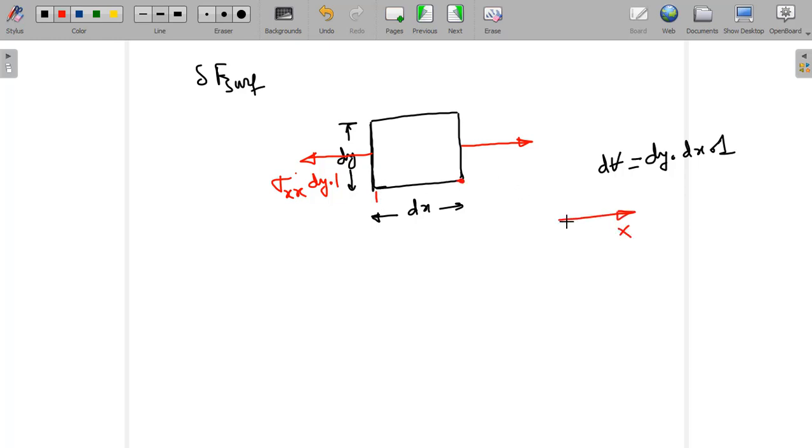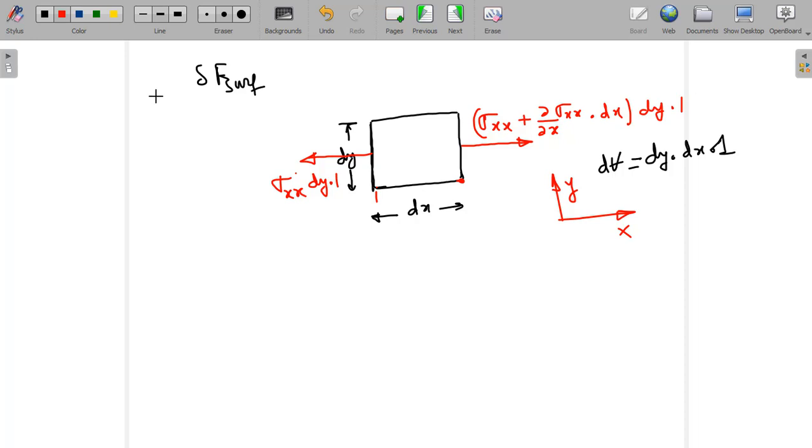Let us consider this is the positive x direction and this is the positive y direction. So the stress will be sigma xx plus, using the Taylor's expansion, del x of sigma xx into dx. So this is the stress that is acting at this end, which is dx distance away in the positive x direction, and that stress multiplied by the area. What is the area? Area is again dy into 1.